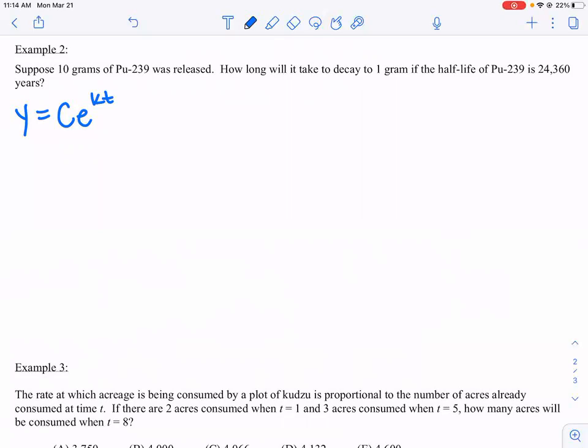Yes, our initial amount is 10. So y equals 10 e to the kt. In the end, we want to know how long it will take to decay to 1 gram. That's what we need to figure out after we have our model, but first we need k.